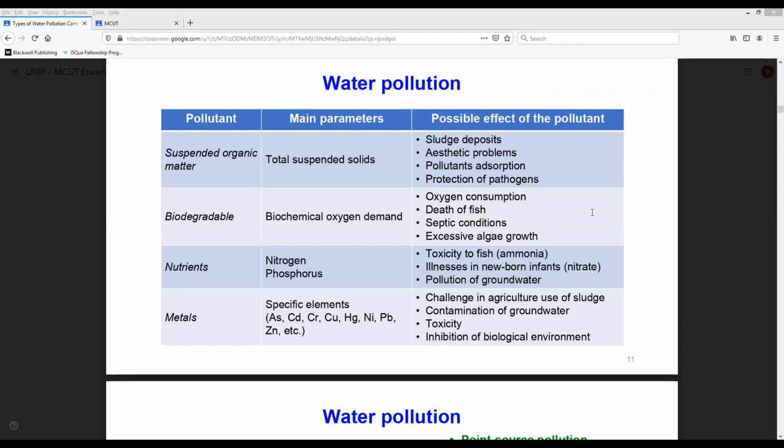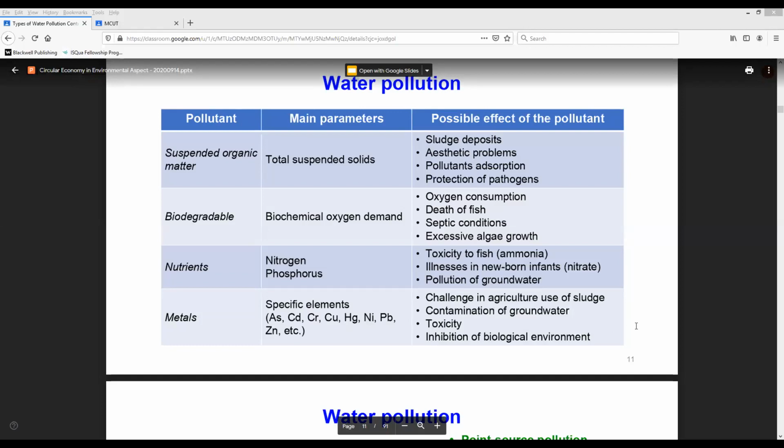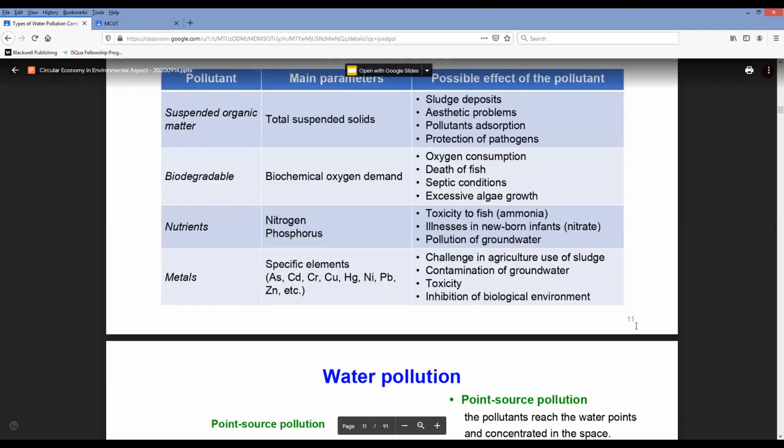These metals can cause disease when people drink water containing them. They are also a challenge in the agricultural use of sludge. They can contaminate the groundwater, and they are toxic to humans and even to animals. They will also inhibit the biological environment because they kill some bacteria. Next please.